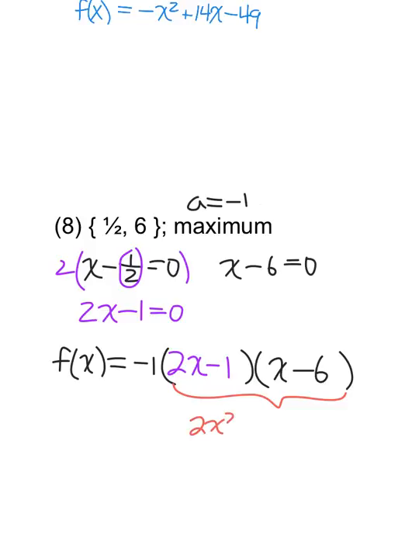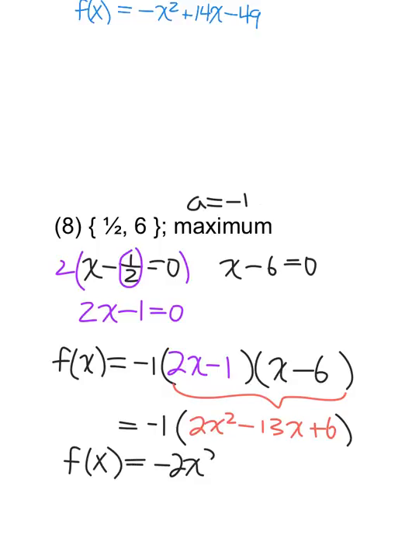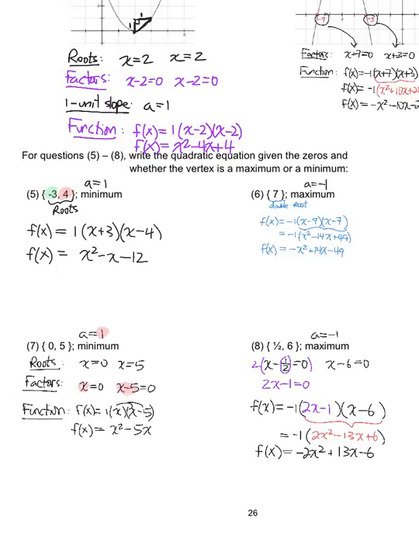So 2x squared minus 12x minus 1x, so minus 13x plus 6. And then we have that negative 1 that's got to go through the whole thing here. And we'd be looking at f of x is equal to negative 2x squared plus 13x minus 6. And there it is.